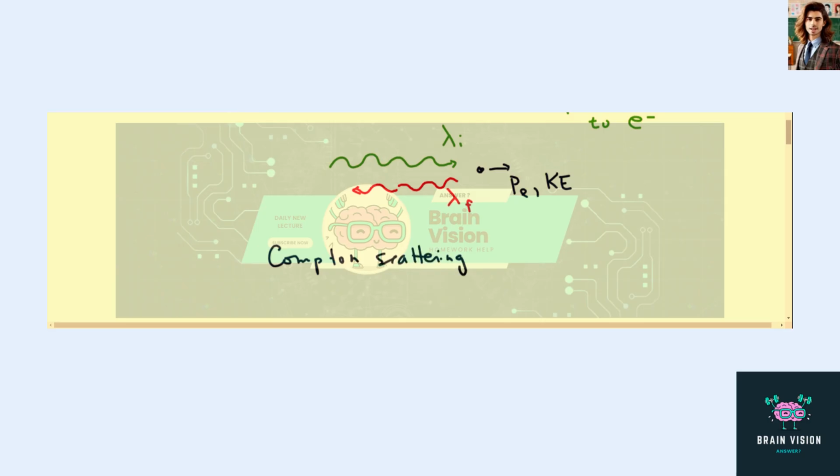As a function of the scattering angle of the X-ray, lambda final minus lambda initial is equal to h over the mass of the electron times c, times 1 minus cosine of phi, and here phi equals 180 degrees.